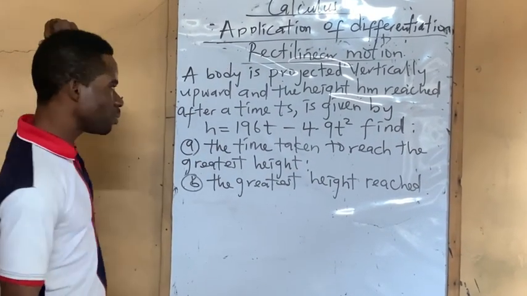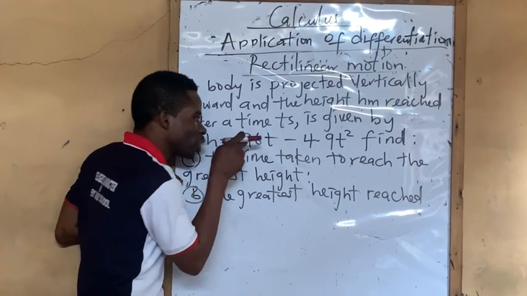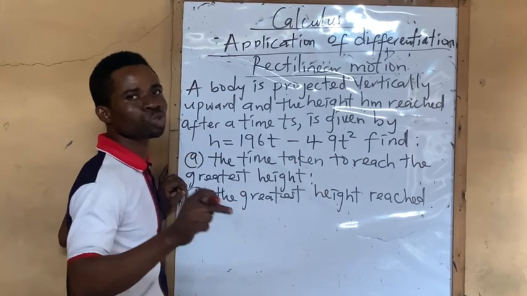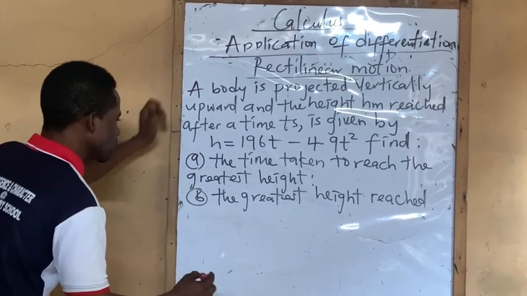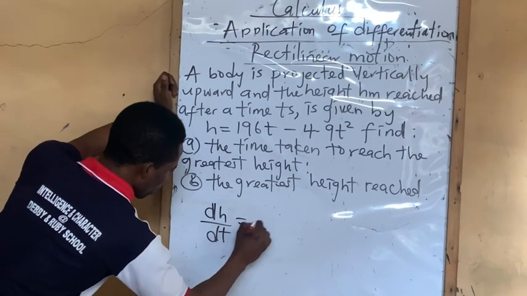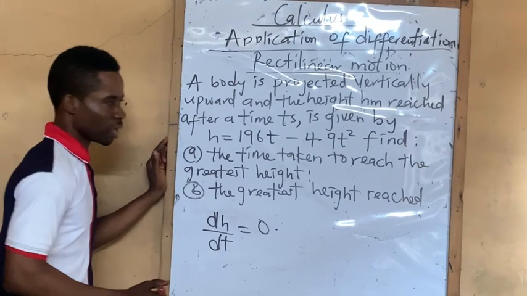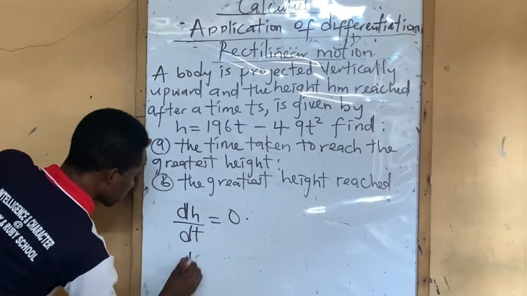Now, they ask me to find the time taken to reach the greatest height. That means I have to differentiate h against t and make it equal to 0.